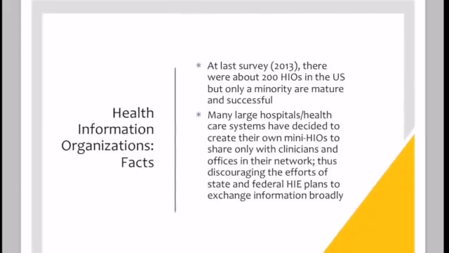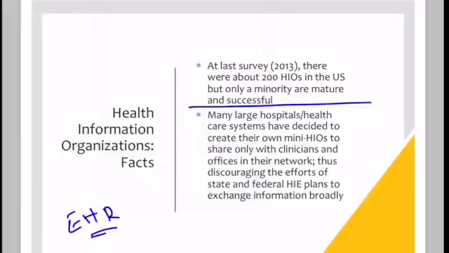Some more facts about the HIOs. In the last survey, collected in 2013, there were about 200 HIOs in the US, but only a minority are mature and successful. As we discussed in our EHR class, there are different levels of EHR maturity.